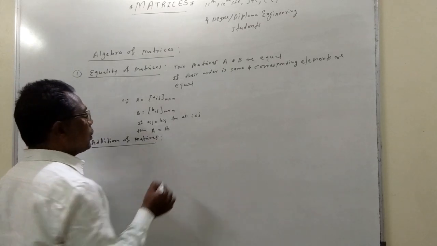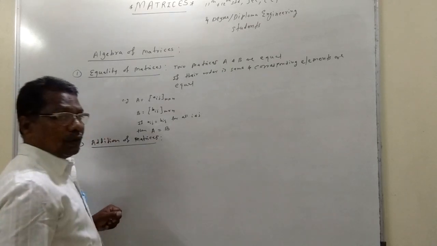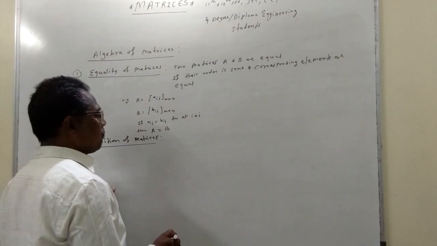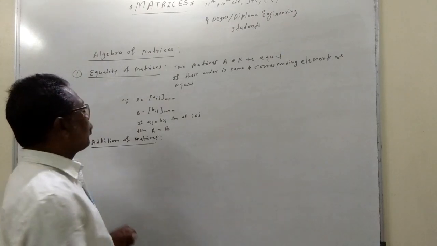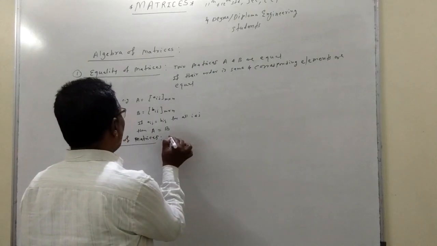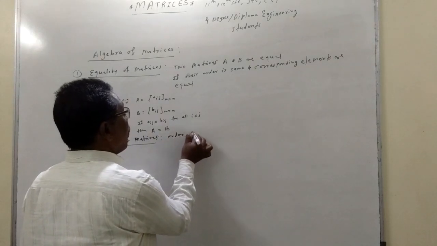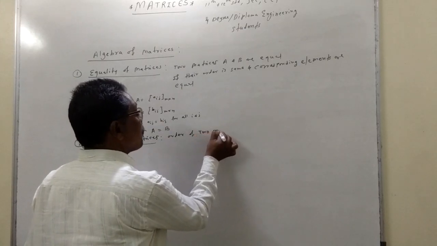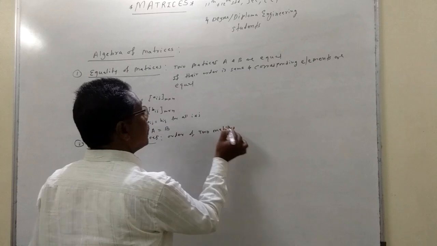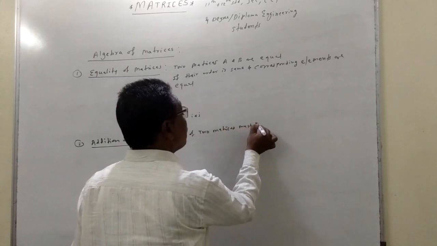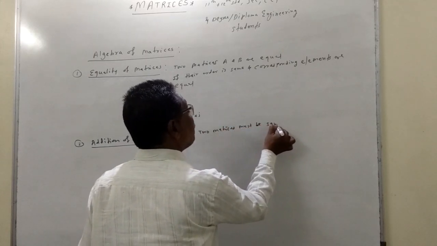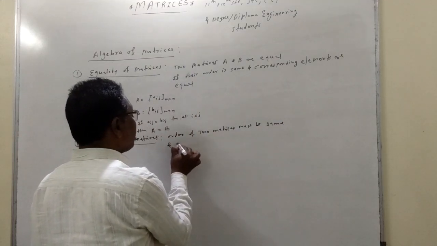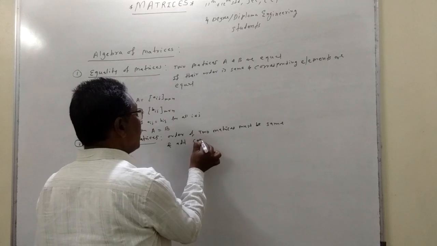When you want to add two matrices, their order must be the same, and you add the corresponding elements.